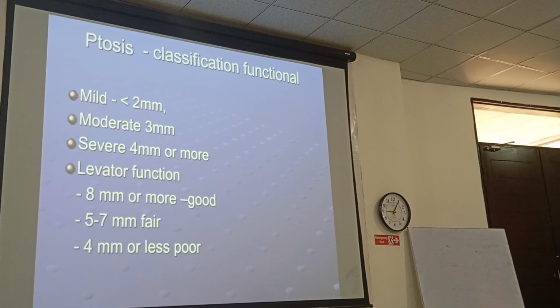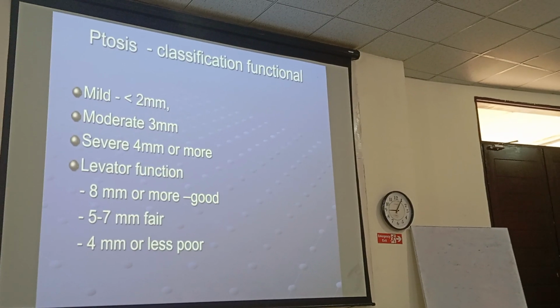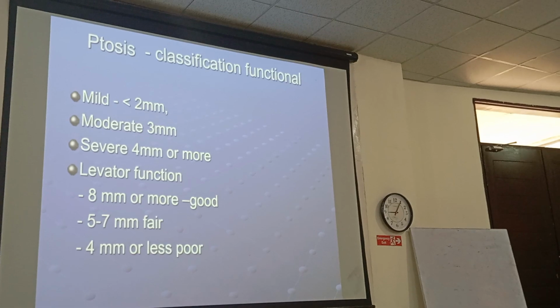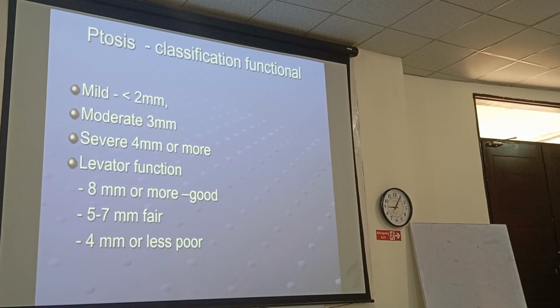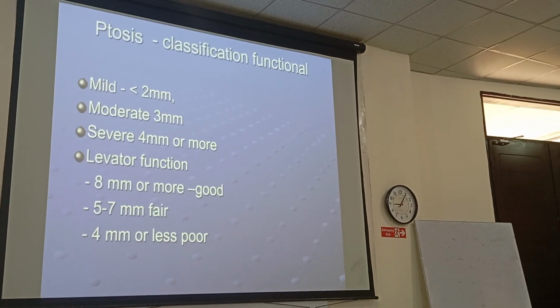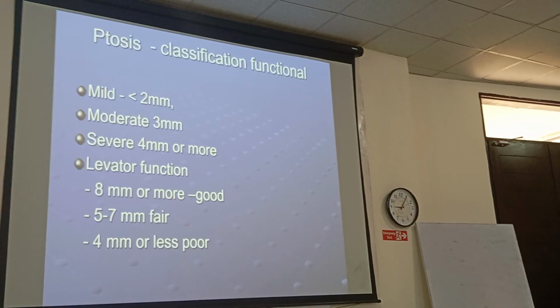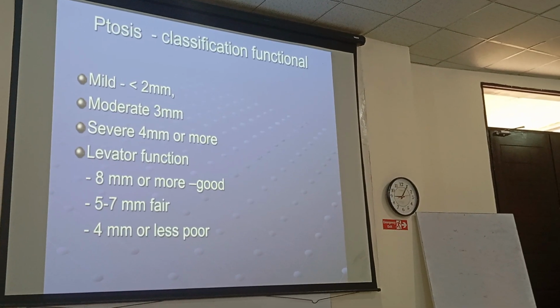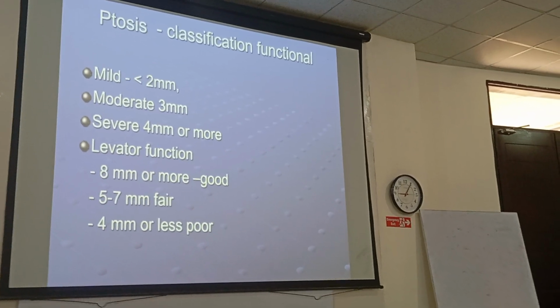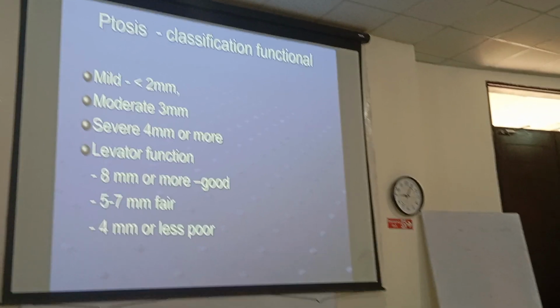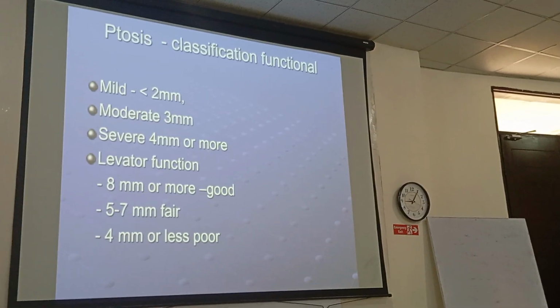This is the classification. Mild ptosis is less than 2 millimeter, moderate ptosis is 3 millimeter, severe ptosis is 4 millimeter or more, and levator function, which we just checked, 8 millimeter or more is good, 5 to 7 millimeter is fair, 4 millimeter or less is poor.